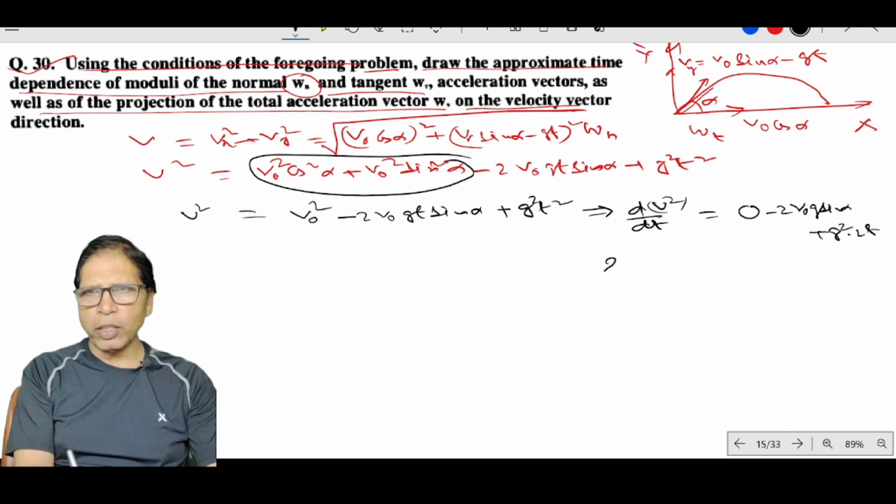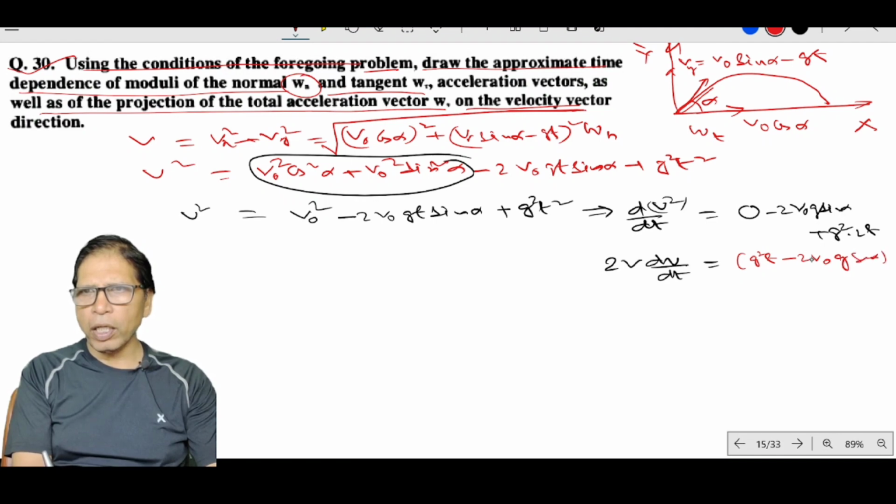So 2v dv by dt equals g square t minus 2 v naught g sin alpha. Okay, the 2 cancels out.